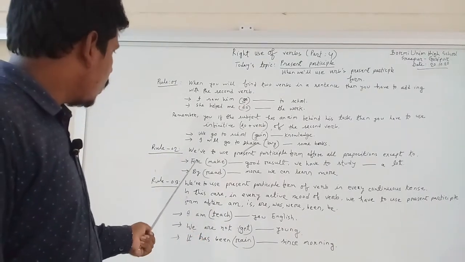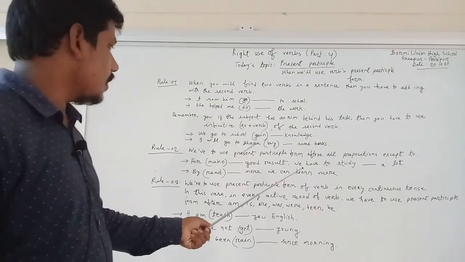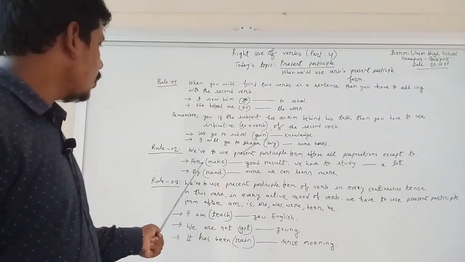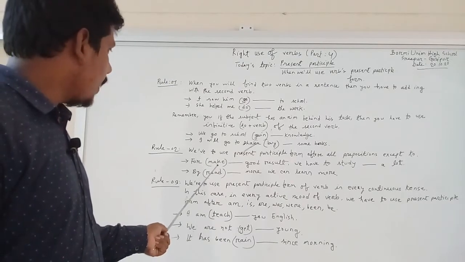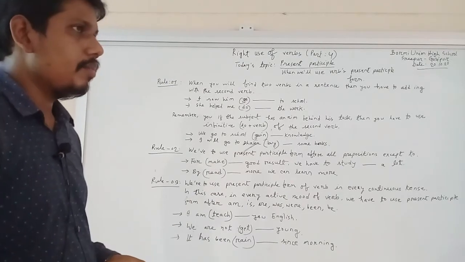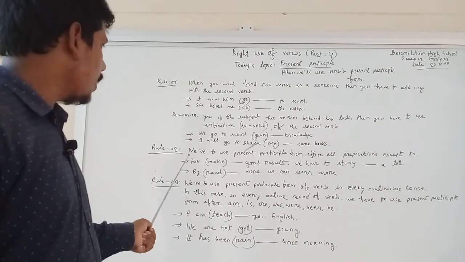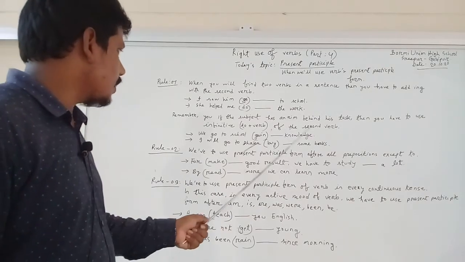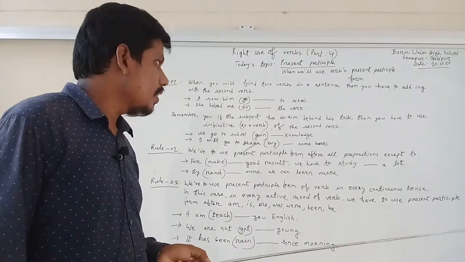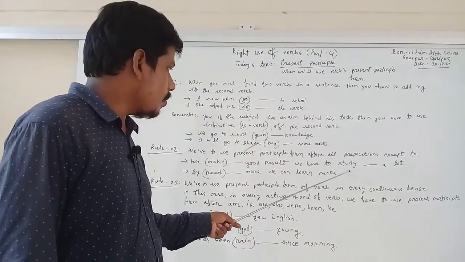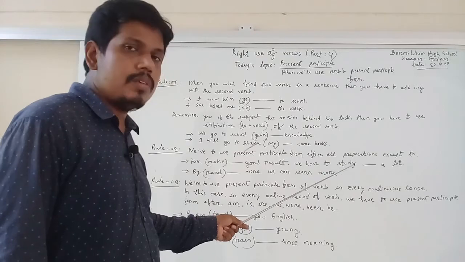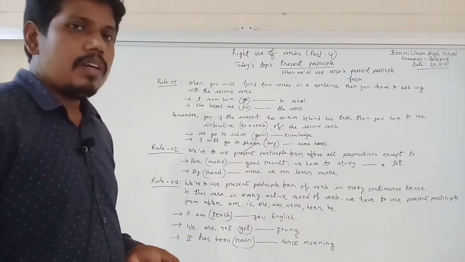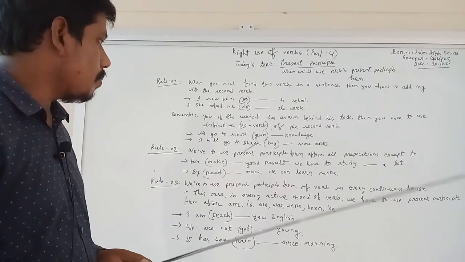For example, for make good result we have to study a lot. Here we have to add ing with make, because before make we have preposition for. The answer will be for making good result we have to study a lot. Here you can notice after to we have used verbs base form, and we know after infinitive we have to use verbs base form.